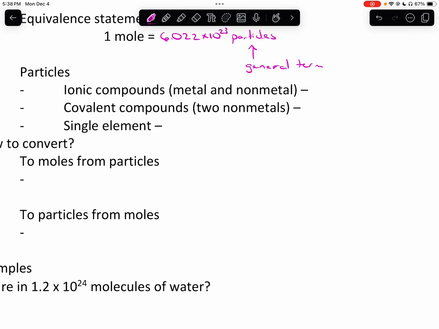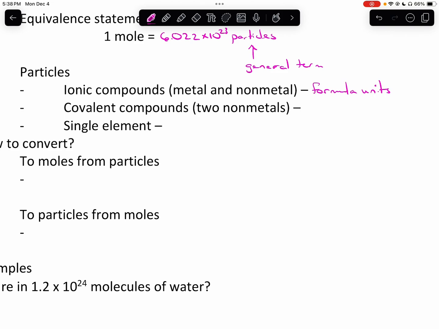If we have an ionic compound, the label we put on it instead of particles would be formula units. So anytime we have an ionic compound, we're going to use the label formula units.